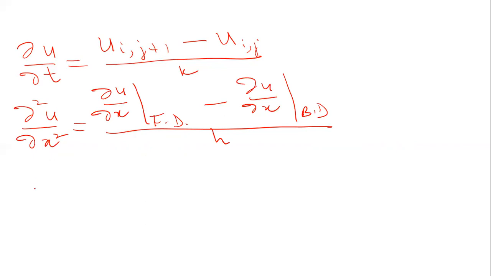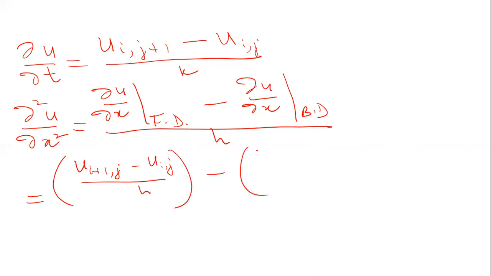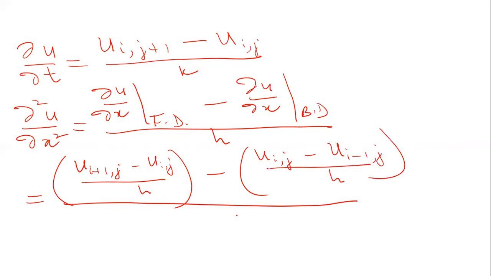You all know this: forward difference in x is Ui plus 1, j minus Ui, j upon h, minus the backward difference Ui, j minus Ui minus 1, j upon h, divided by h.